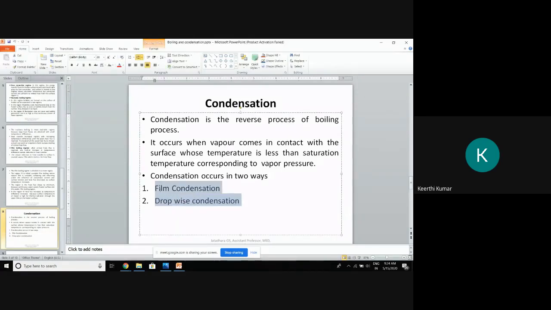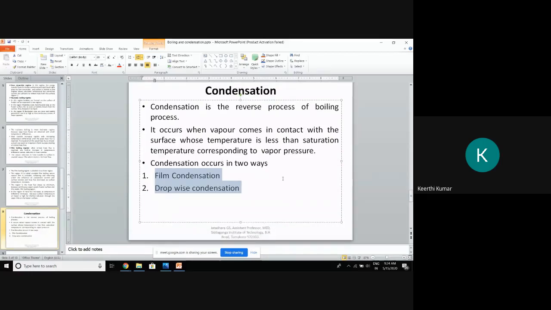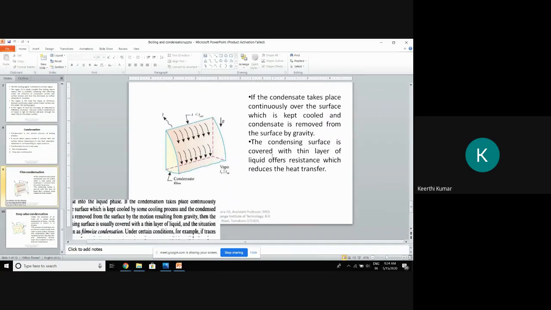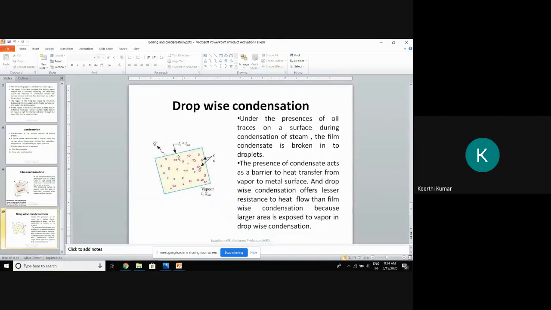We are going to explain with two processes: film-wise condensation and drop-wise condensation. This is a figure of film-wise condensation. I'll explain tomorrow in detail how film-wise condensation occurs and what its key points are. And drop-wise condensation: what do you mean by it, and what are its key points and major features?